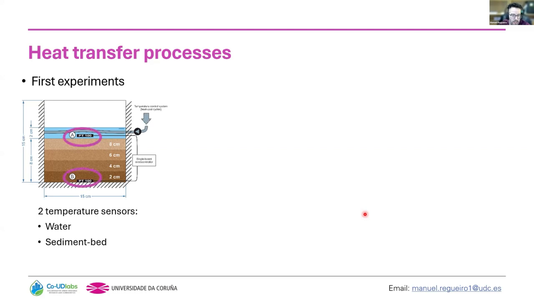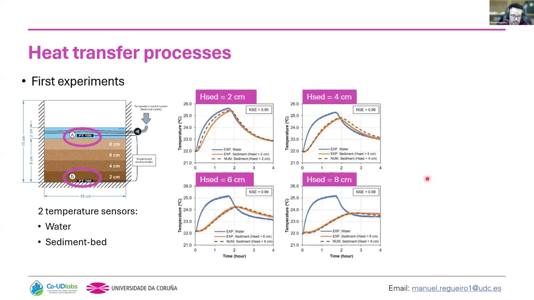We introduced temperature changes in the water and observed that there is a diffusion of the heat through the sediment layer, which we could measure with the second sensor. In the graphs, we observe an attenuation and also a time shift of the temperature curve.